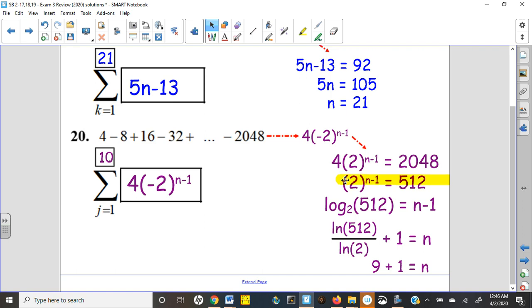So the base of my logarithm is 2, right? The exponent is n minus 1, so that goes over here, and then the argument is the 512, so that's what goes into the logarithm. And now we've converted it.